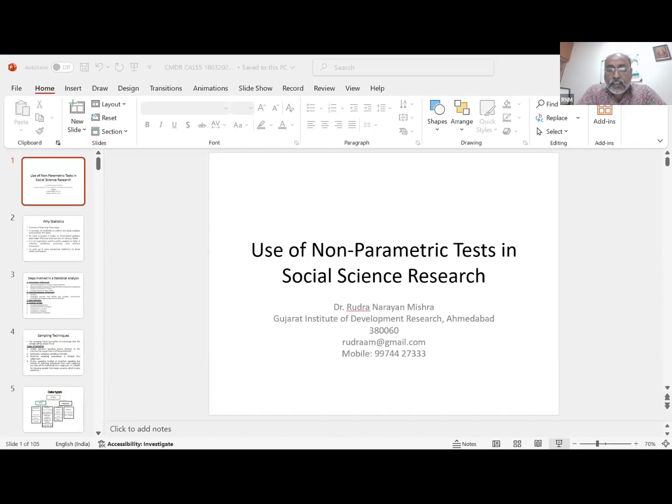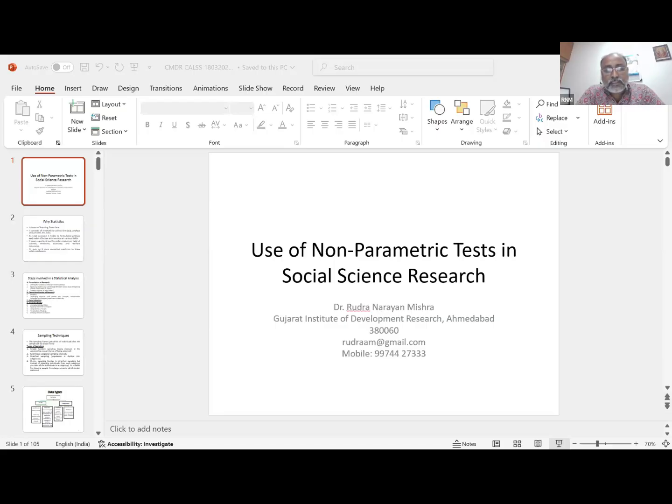So this non-parametric test, why is it important? In the actual world, there is hardly anything called normal data. People use different techniques to make data normal, then apply certain techniques.